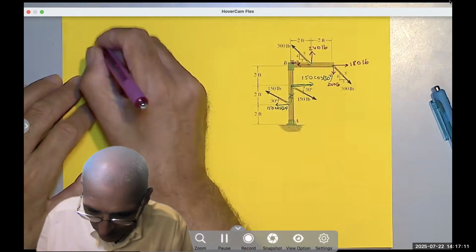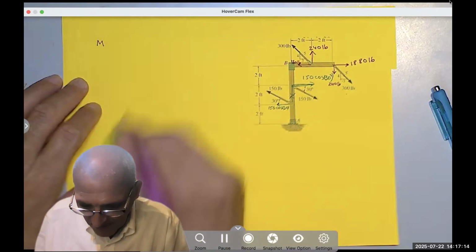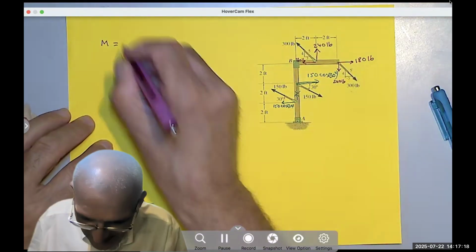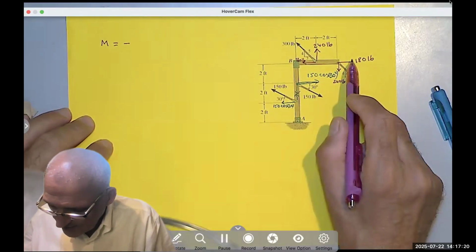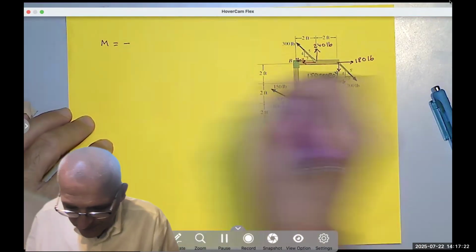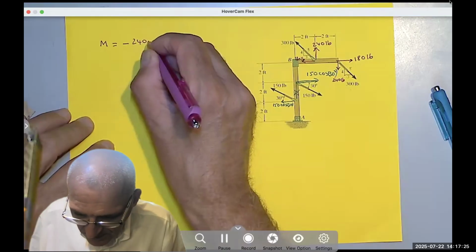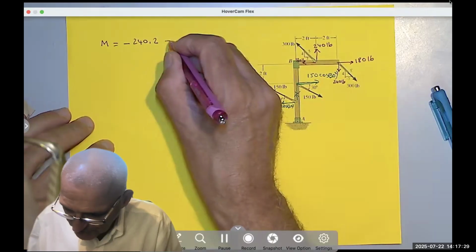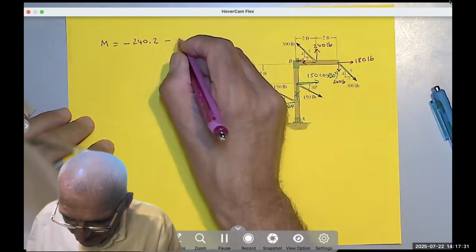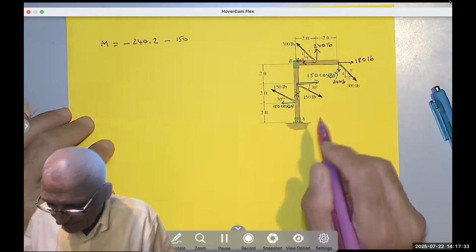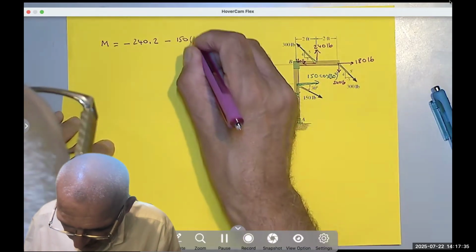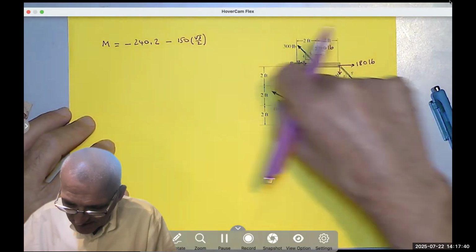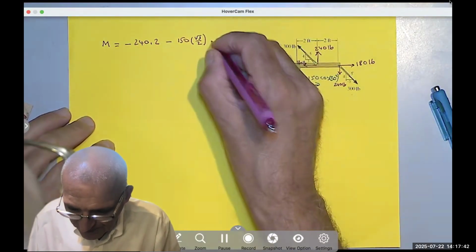I can say that the moment equals, first of all, both are rotating clockwise, as we said. So it's a negative 240 times 2, and negative again, because the other one is rotating clockwise, 150 cosine 30, which is radical 3 over 2, times the perpendicular distance between them, which is also 2.